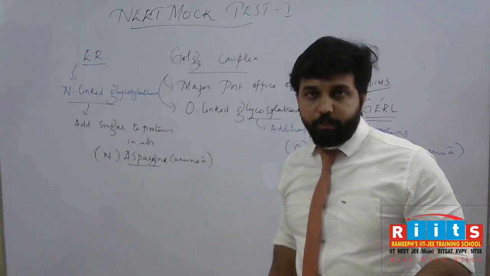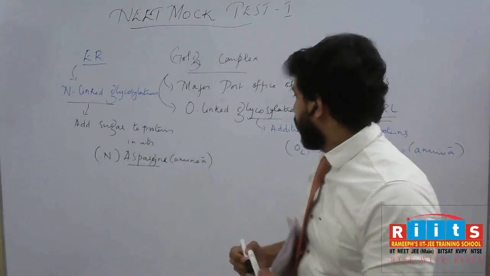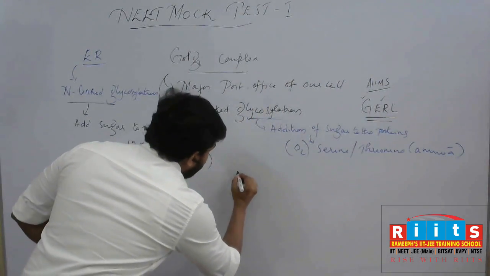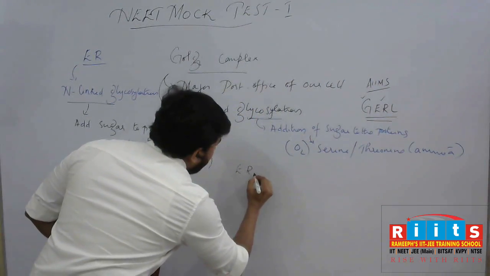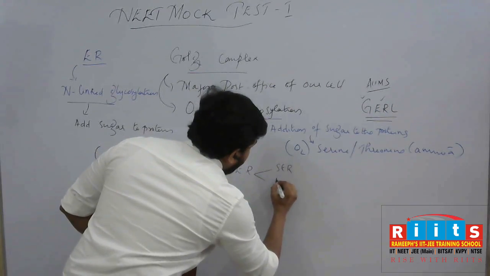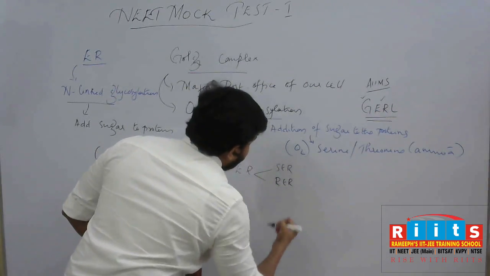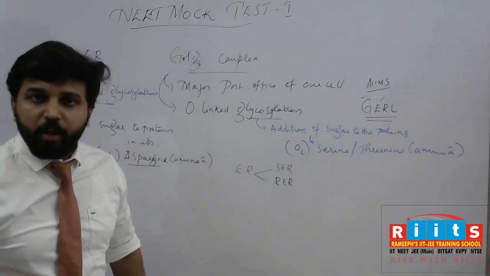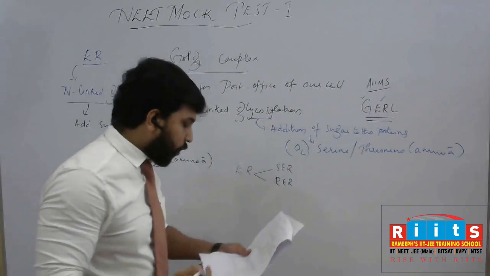Then we move to ER. Two kinds of ERs are there. First one, SER, and second one, RER. Smooth endoplasmic reticulum and rough endoplasmic reticulum.